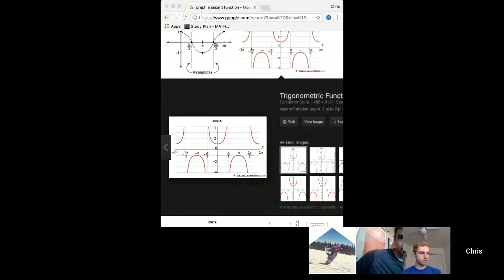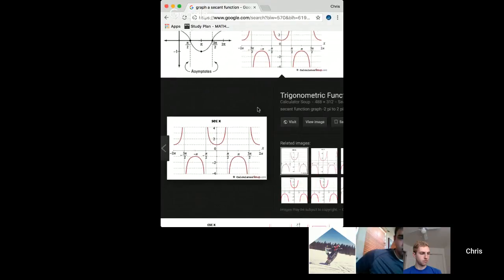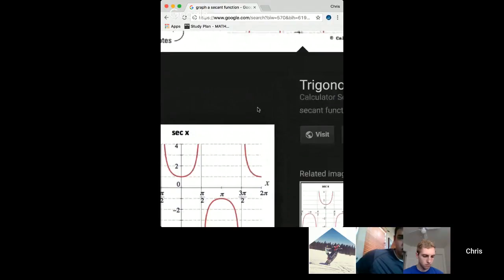Let's go zoom in on that. So for secant, it says the range of the function is y is less than or equal to -1 and y is greater than or equal to 1, is what this thing is saying. And then it says the domain is all real numbers except where cosine is equal to 0.